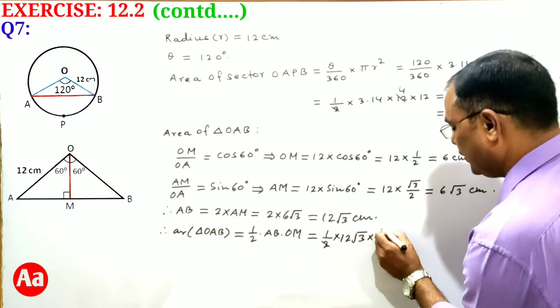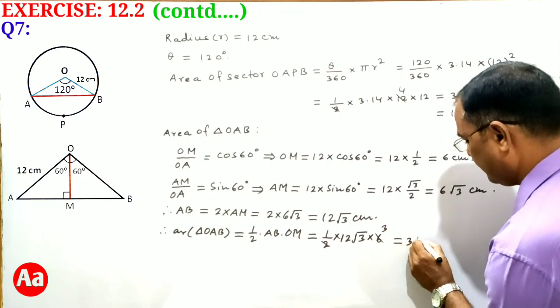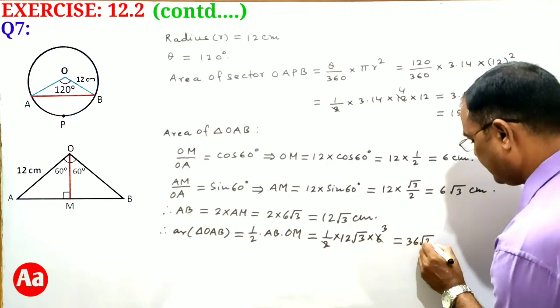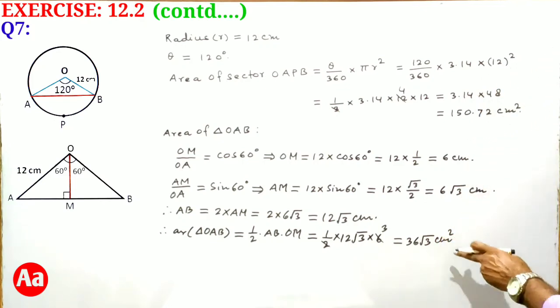Half of 12 is 6, and 6 into 6 is 36 root 3 centimeter square.